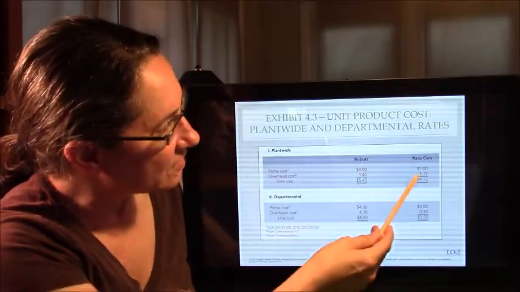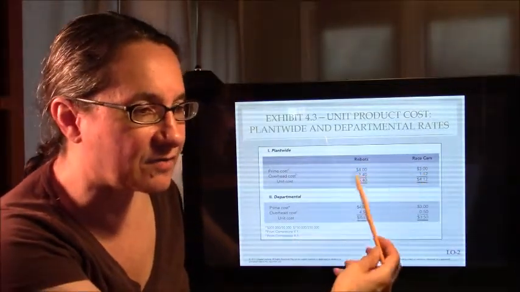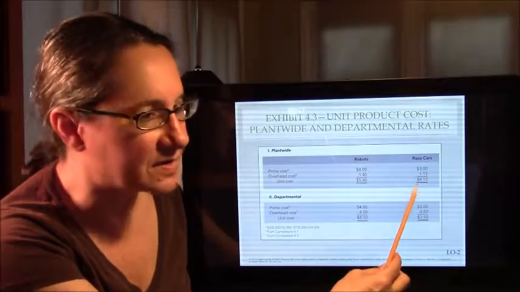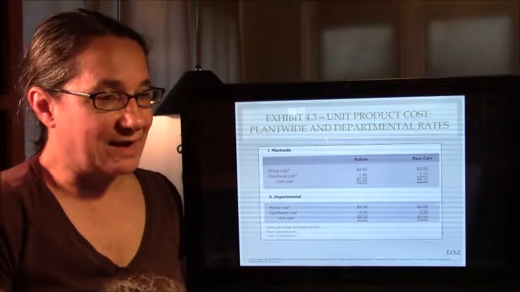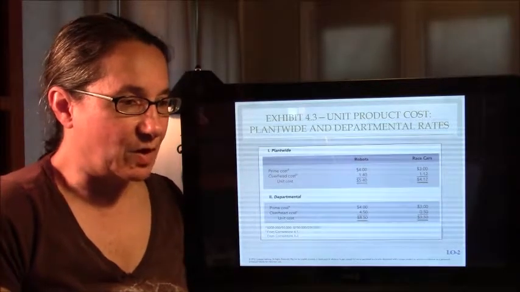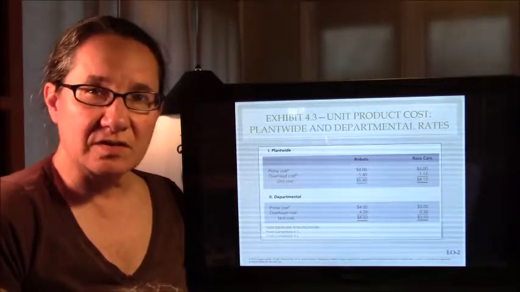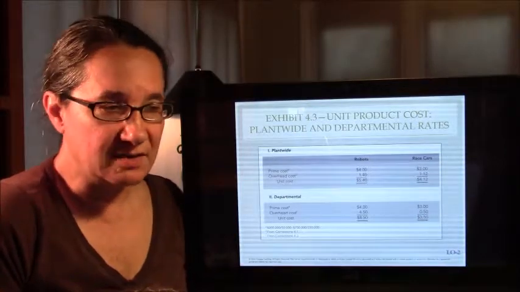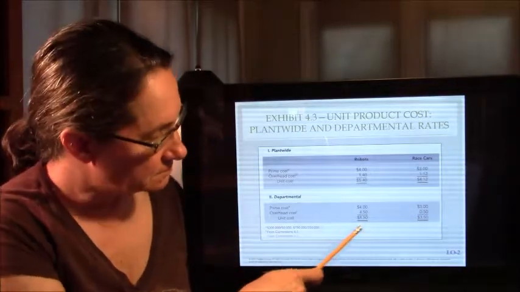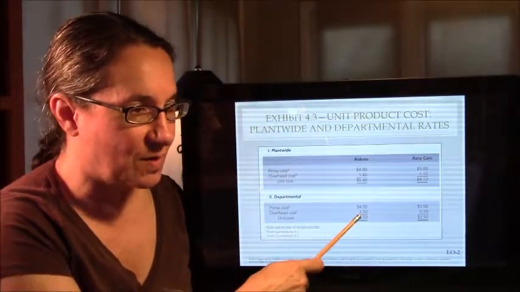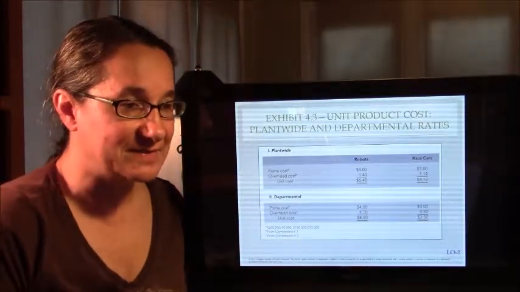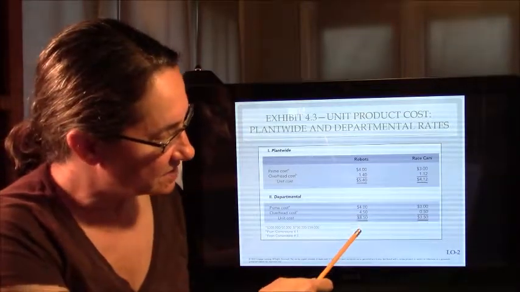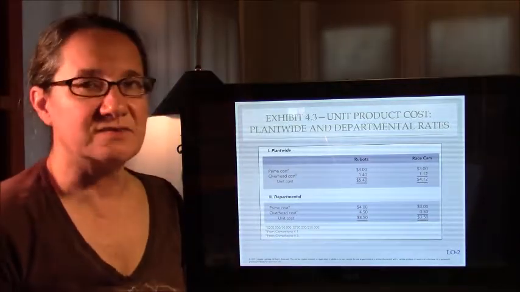Overhead ends up being $1.40 and $1.12, and unit cost $5.40 and $4.12. Now, if we break that down to overhead by departments, where the resources are used very differently for these 2 products, you end up with robots having an overhead cost of $4.50 and race cars having an overhead cost of 50 cents. That's a huge difference. Changing this from $8.50 to $3.50.